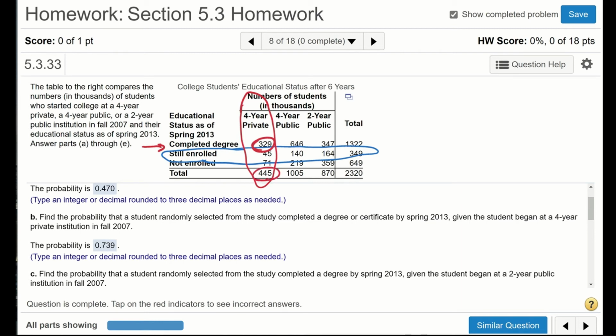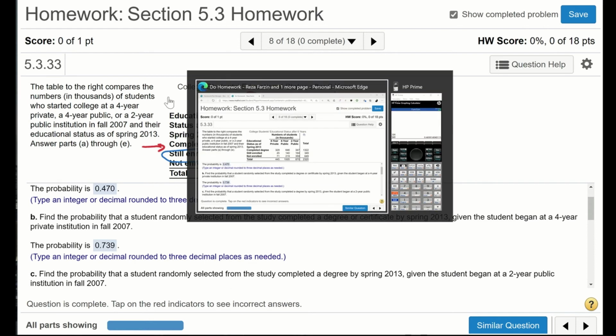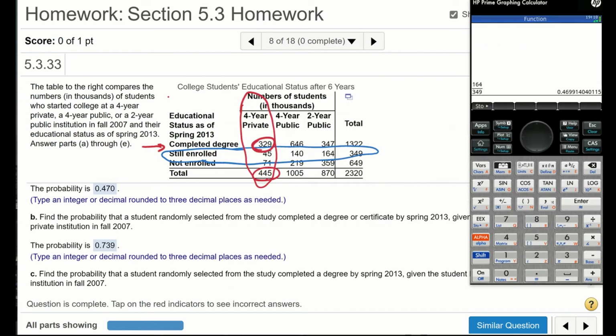Okay, so let's see what we end up with. 329 divided by 445. So 0.7, if we go to 3 decimal places, we get 0.739.